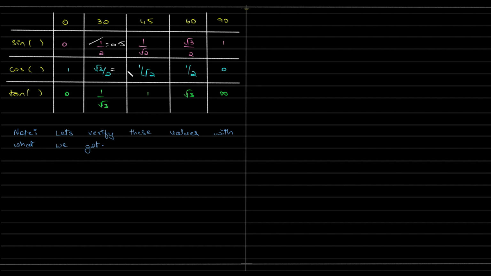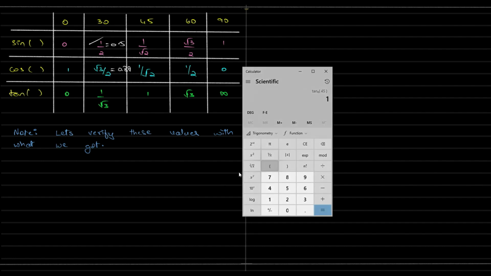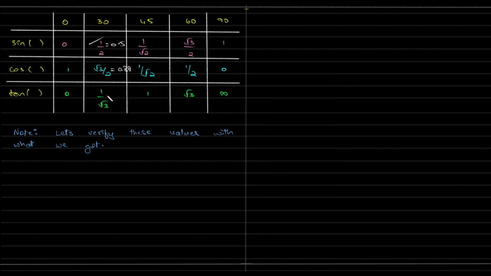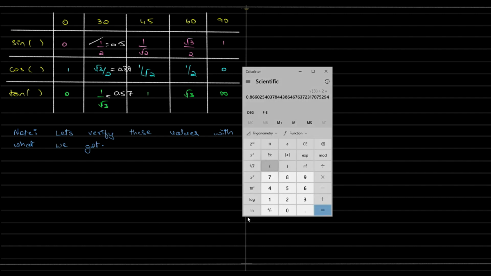Cos of 30 degree turns out to be 0.87. So root of 3 divided by 2, will it give the same answer? Let's see that. Root of 3 divided by 2 is equal to 0.87, correct. Then 1 by root 3 should be equal to 0.57ish. Let's see what we got.